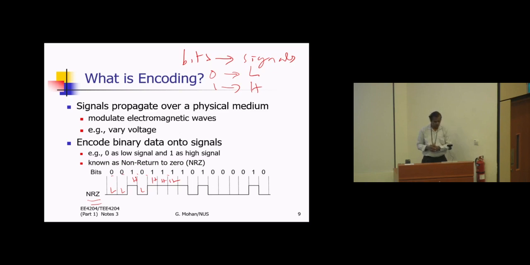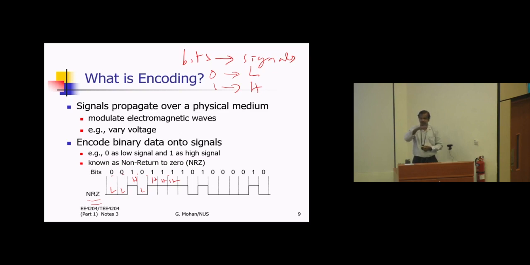When you transmit all ones, you will be transmitting high signal all the time. When the other network adapter receives that, the receiver may get confused where the bit begins, because there is no transition.